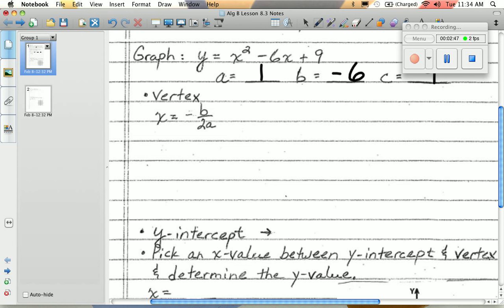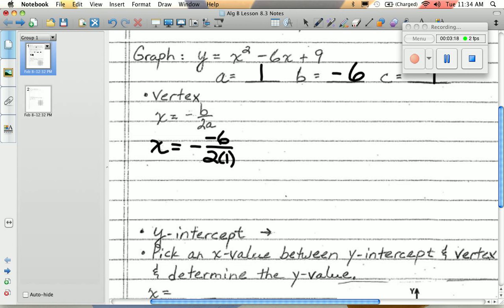And remember what else we said? The x value of the vertex is going to be that number that we actually end up getting right here. So let's use our little formula, and let's put in our b value and our a value so that we get our axis of symmetry. So negative sign. For the b, we put in -6, and 2 times 1.